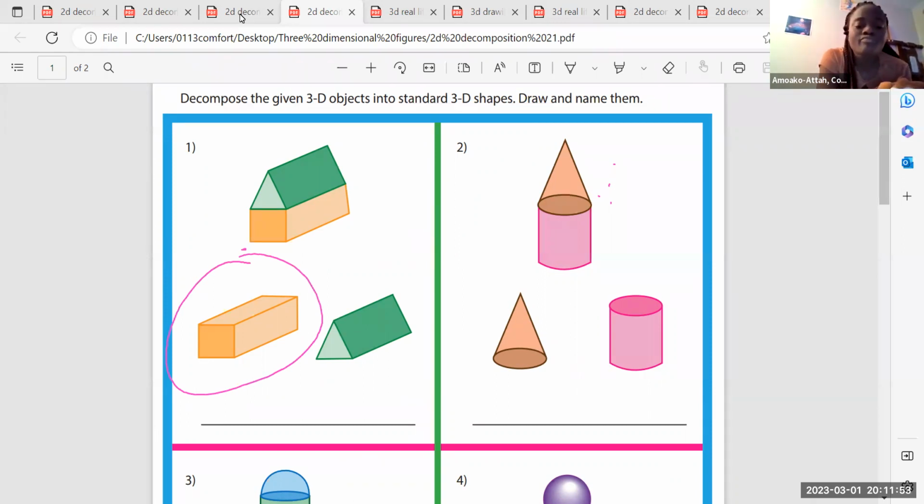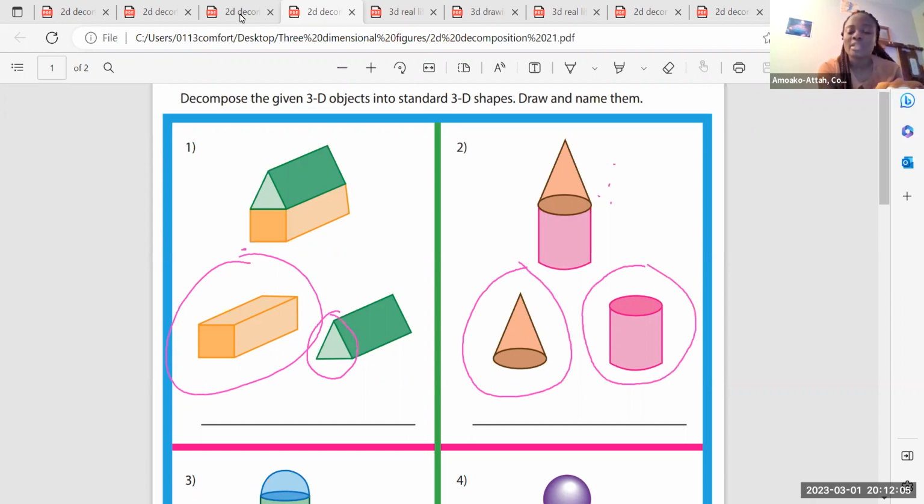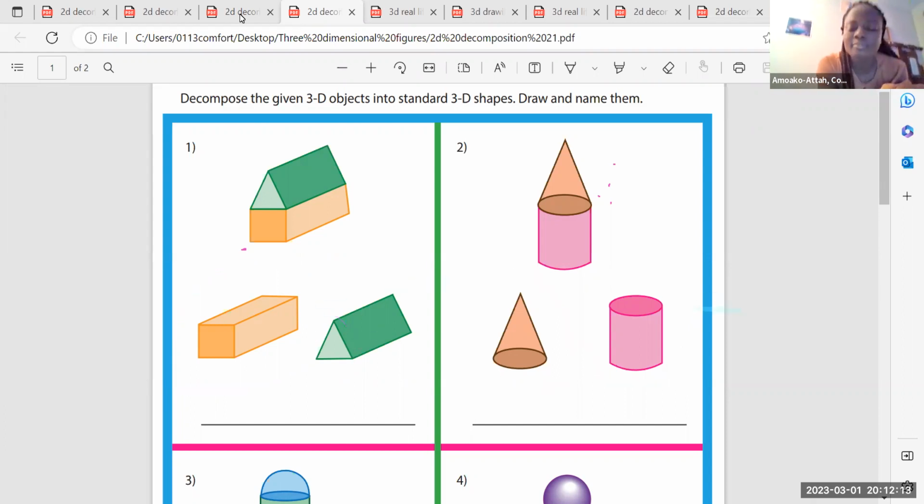Then this will also be, what type of shape is this? Okay. Then what is this? I mentioned this earlier on. This is a cylinder and this is a cone. Sorry guys. Pardon me, okay? I still have to teach you.